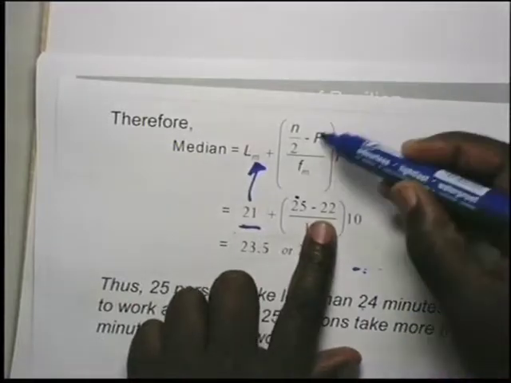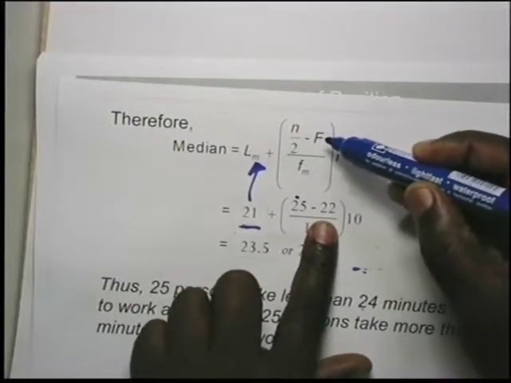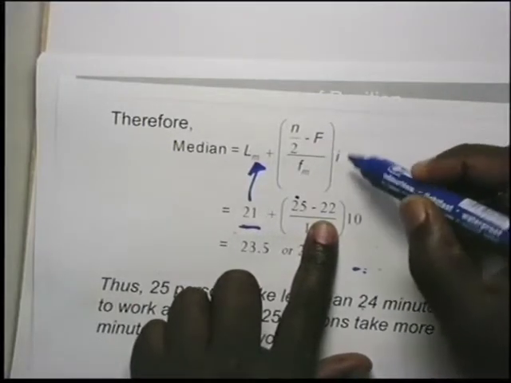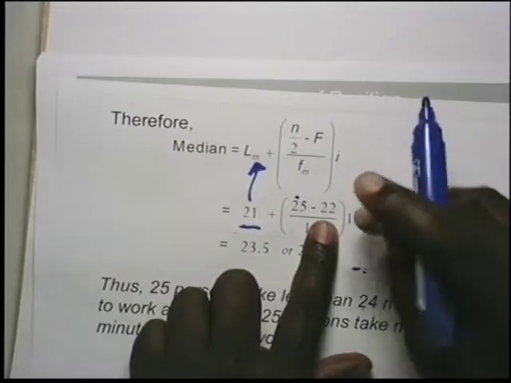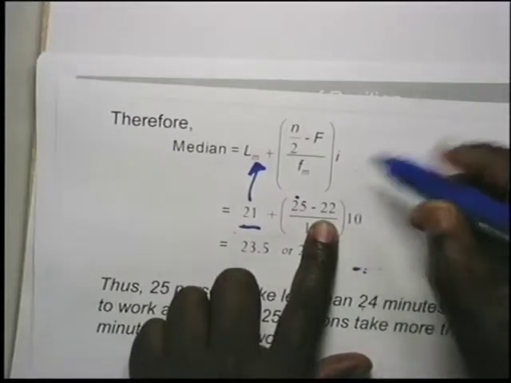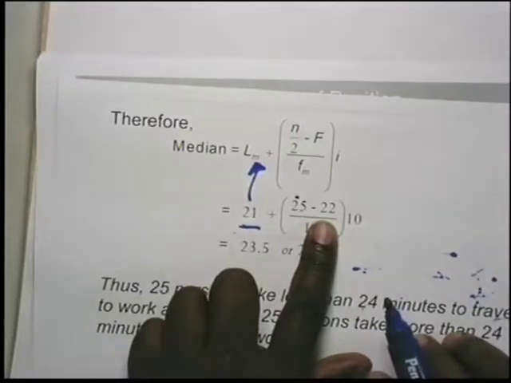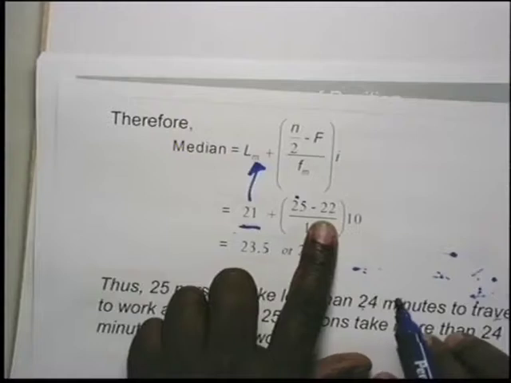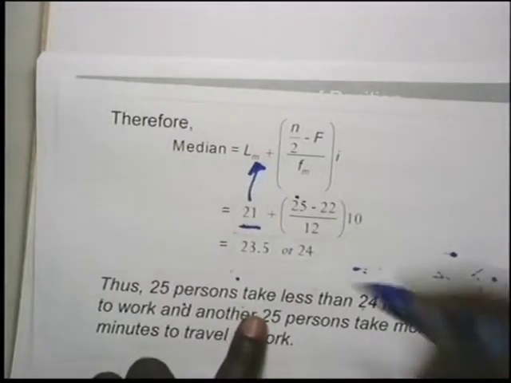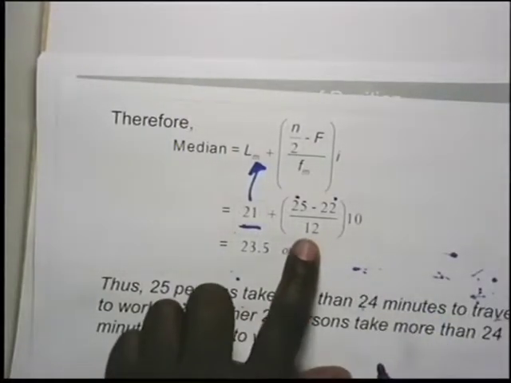Now, we're saying minus F. F is the cumulative frequency in the class just before the median class, and we see that it's 22. When you look at our second class there, it's 22. That's the cumulative frequency, so that's where we got our 22.